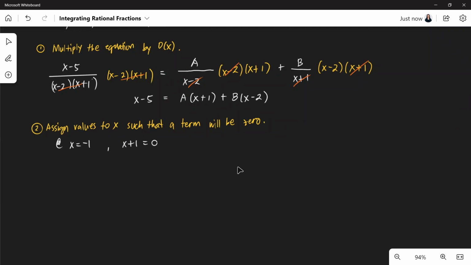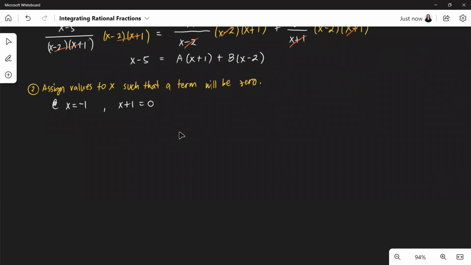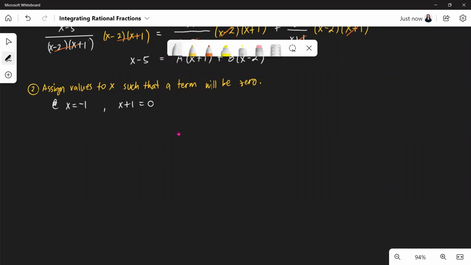So after assigning values to x, substitute the value to all the x's in the given equation.